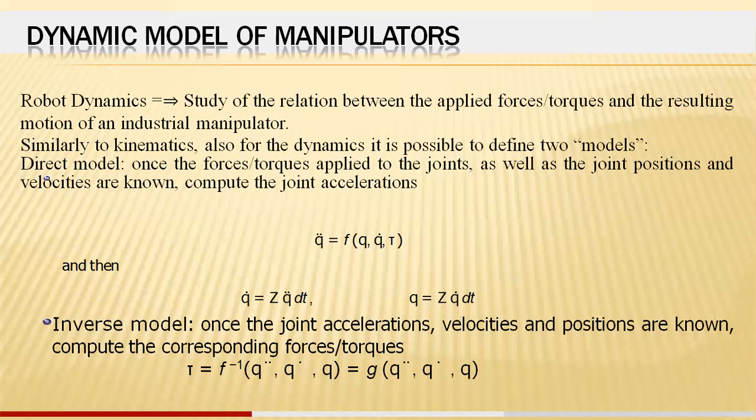So what is meant by robot dynamics, and how the manipulators work? Manipulators are nothing but a sequence of connectivity existing between n number of links. So what is meant by robot dynamics?